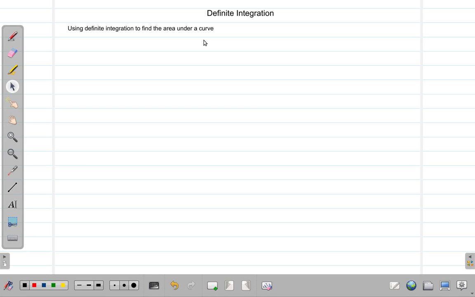Let us continue looking at definite integration, and we're going to continue using definite integration to find the area under a curve. Previously, what we did was this.